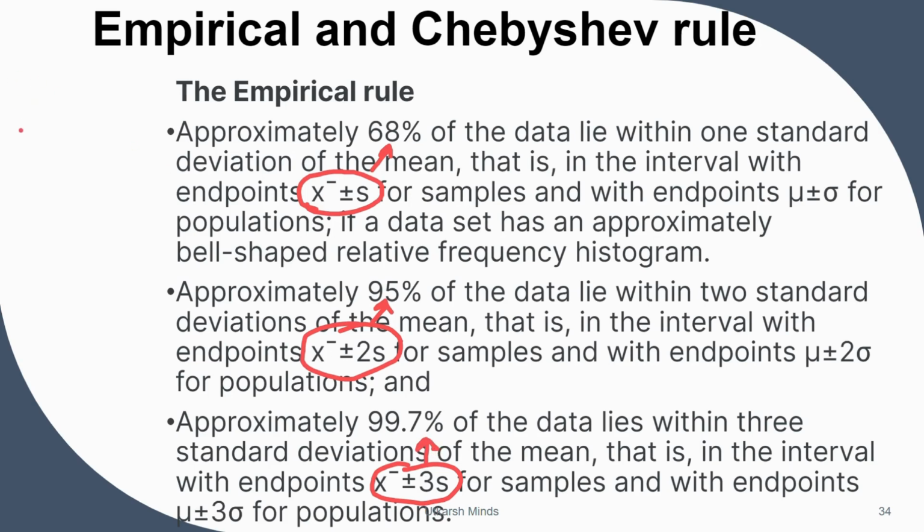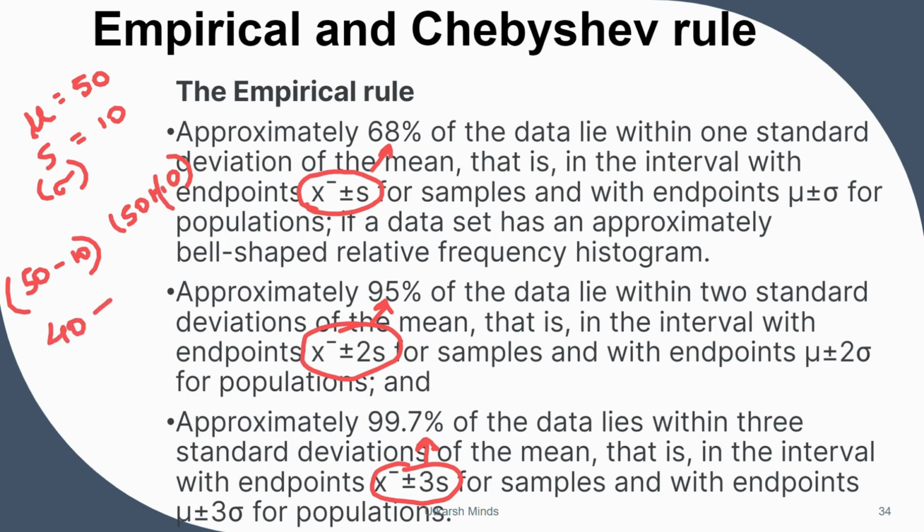The use is that if someone tells you that your mean is 50 and your standard deviation, or sigma, is 10, and you are saying that the data shows a bell curve, then 50 minus 10 and 50 plus 10, that means between 40 to 60, in this range of marks you will find 68% of the students.